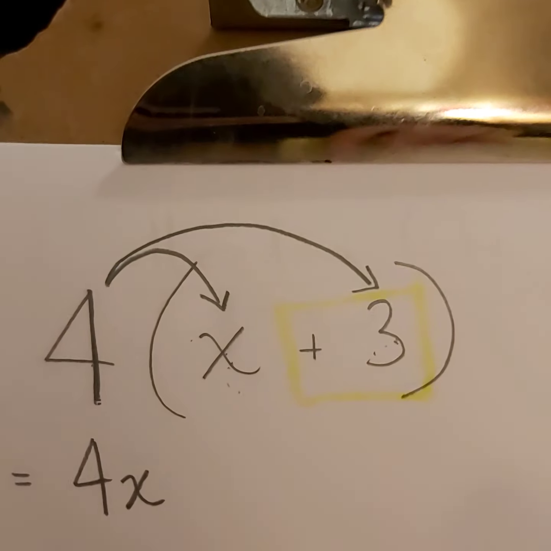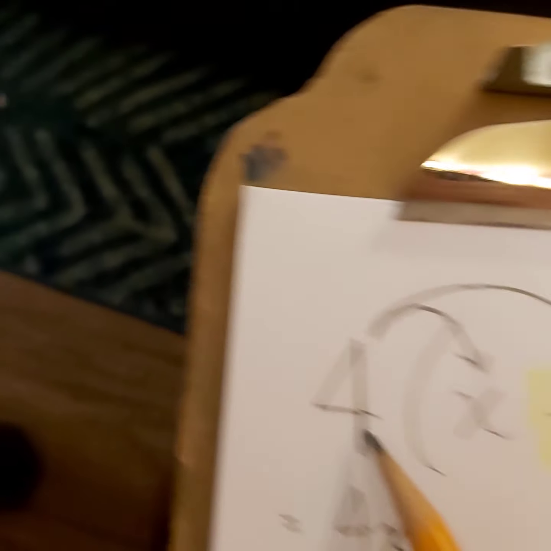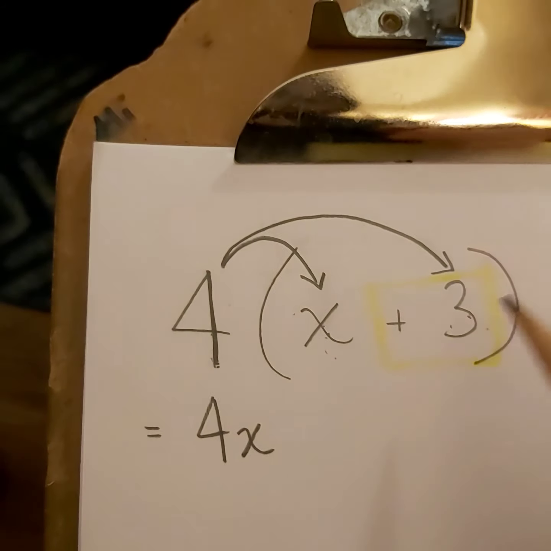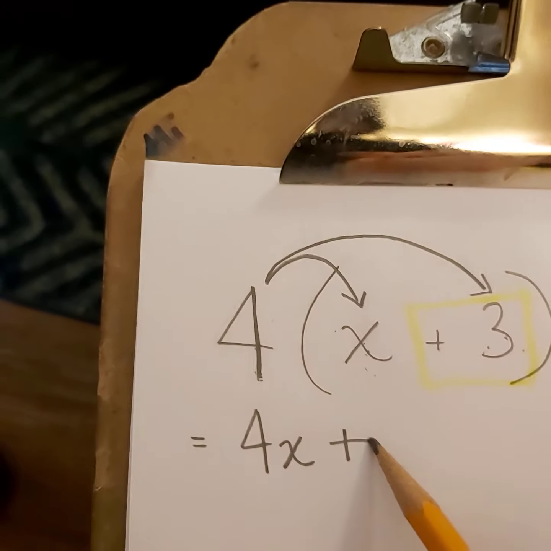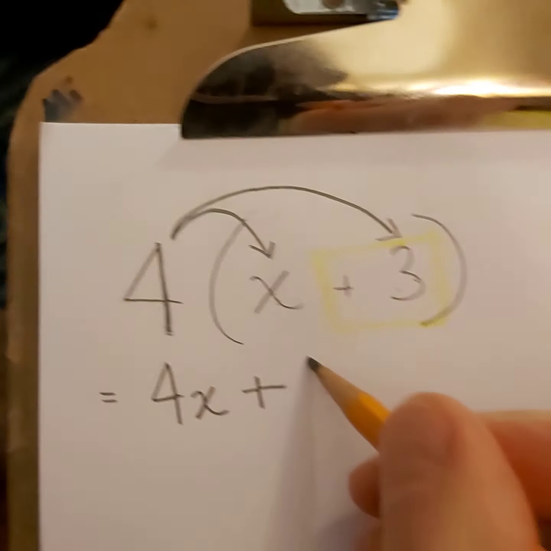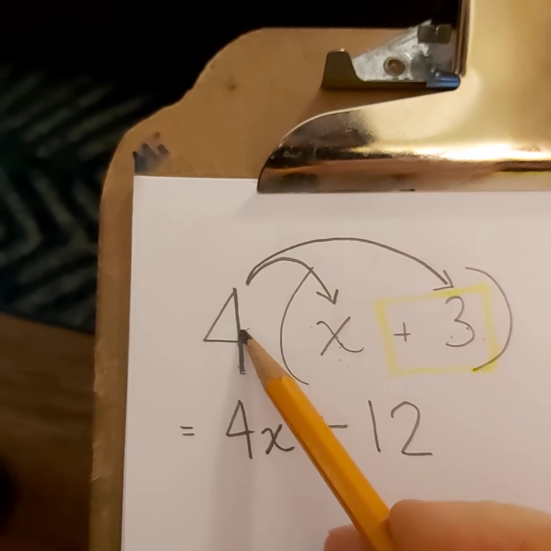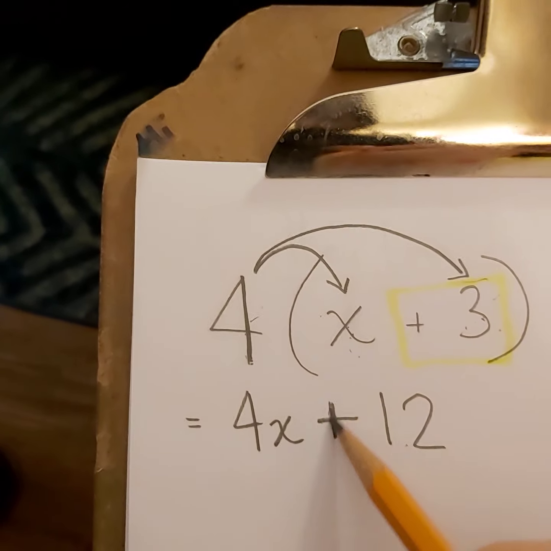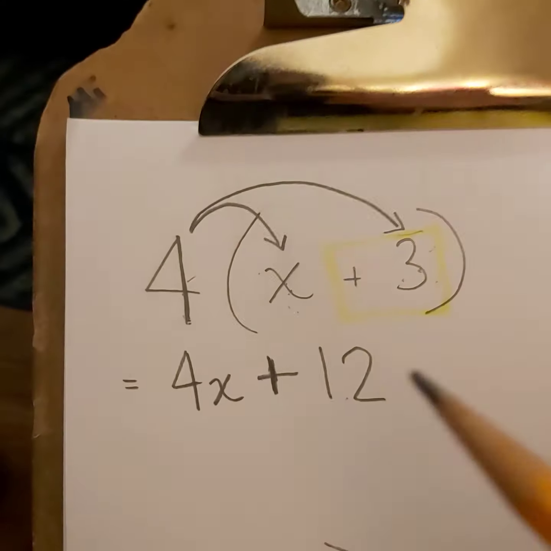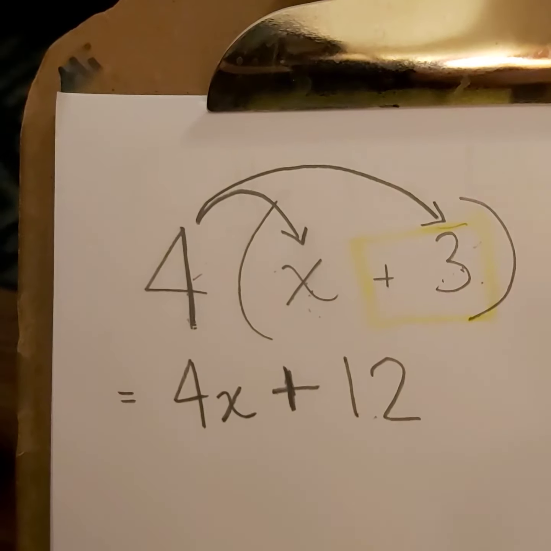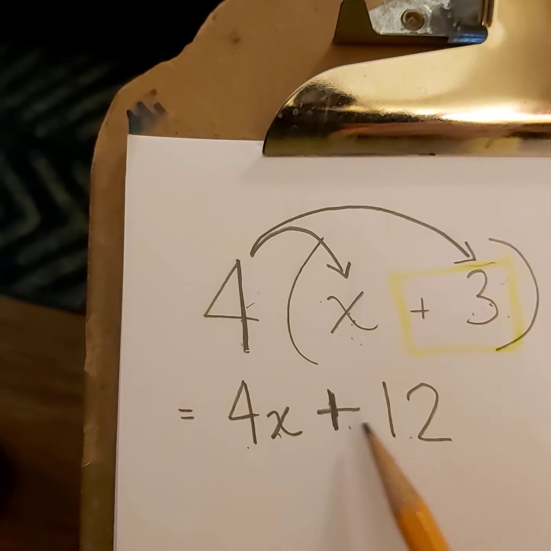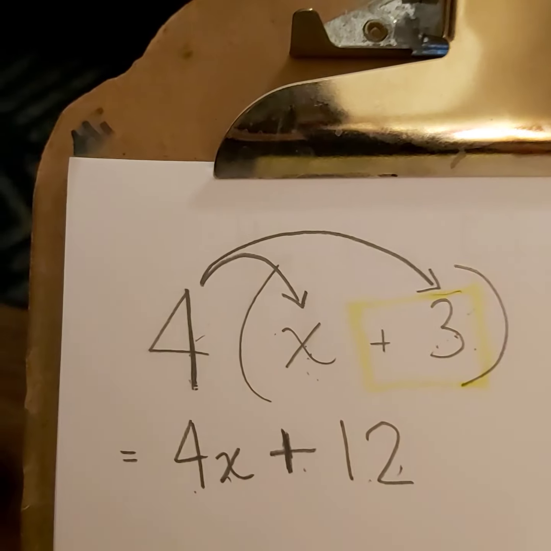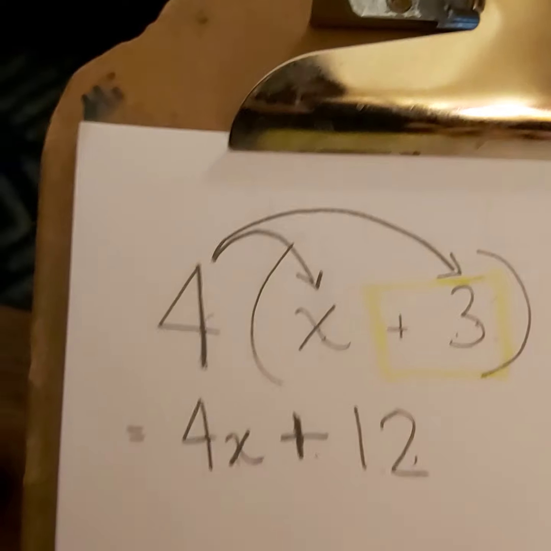So what that means is I now have a positive number 4 times a positive number 3, okay? Which means I'm going to be adding 12, since 4 times positive 3 is 12. That becomes my new expression. So I have simplified the expression using the distributive property: 4x plus 12. That would be a simplified version of this particular expression.